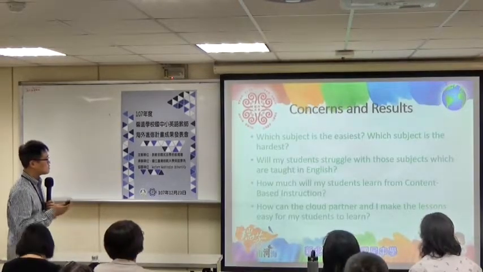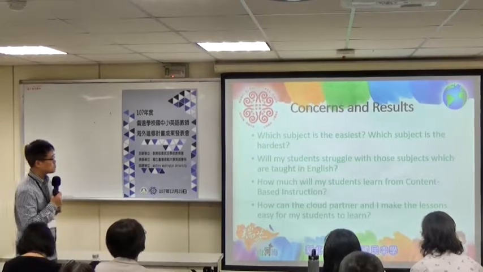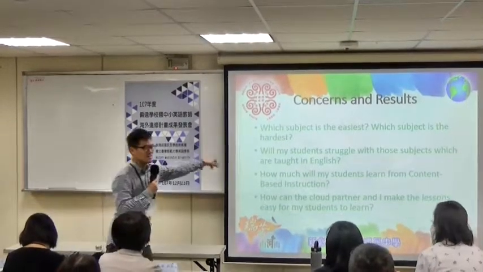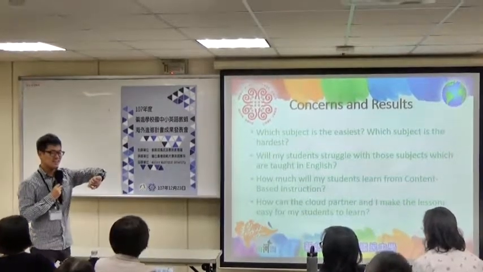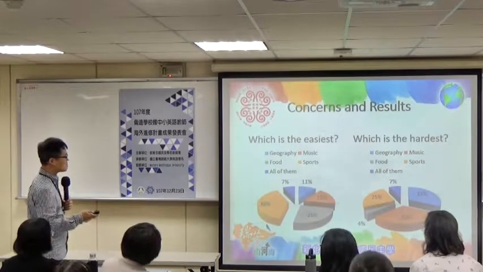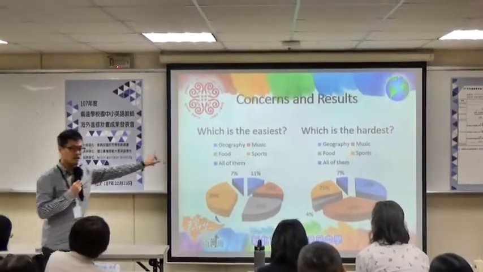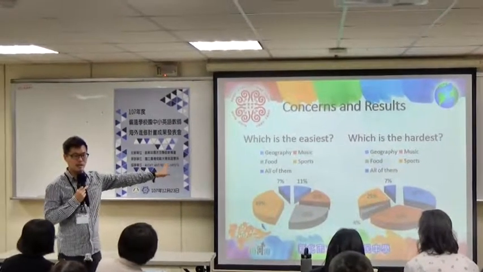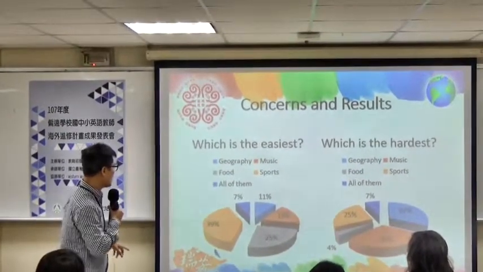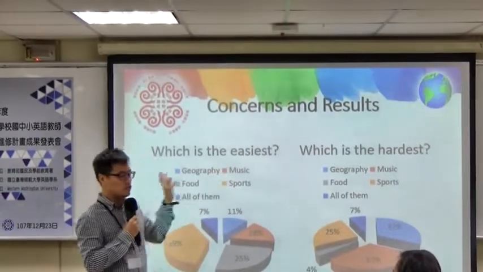And these are my research questions: which subject is the easiest and which subject is the hardest. You can read the sentences by yourself because of the time limitation. For the first question, a student said that sports is the easiest because they like to exercise. And geography is the hardest because we teach geography in English.